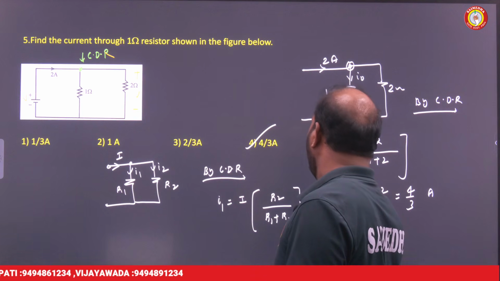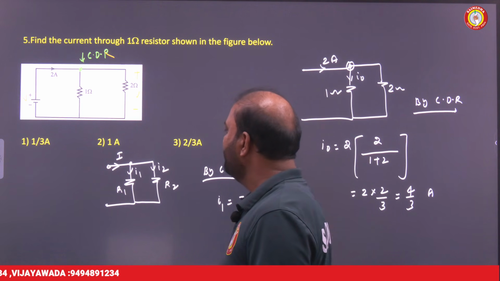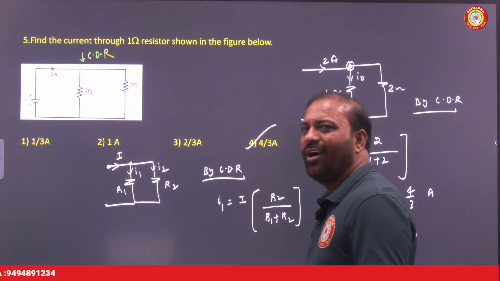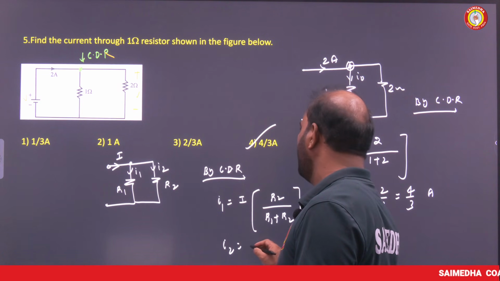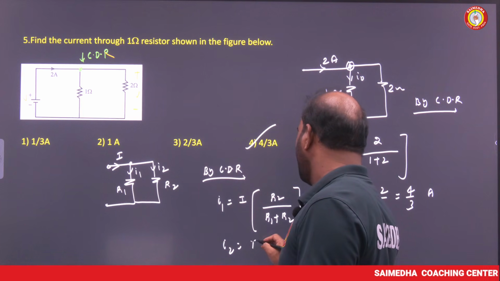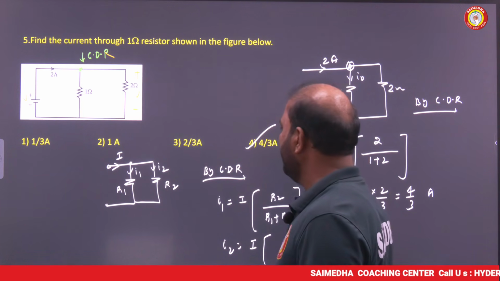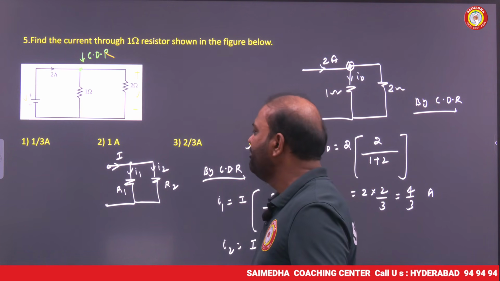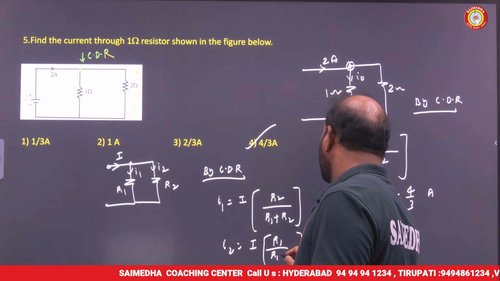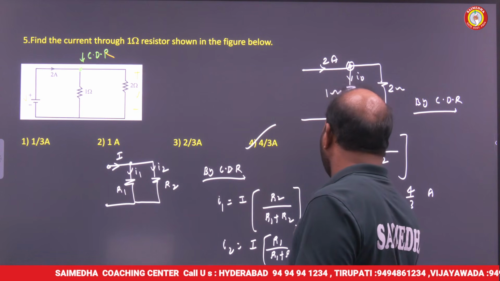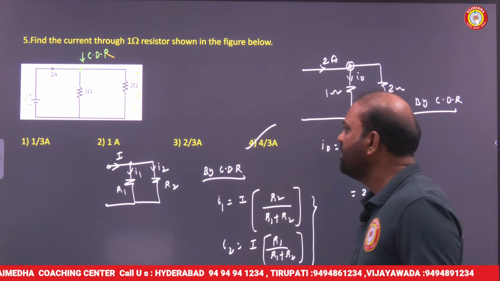As I told you, when finding the current through R1, you put R2 in the numerator. Similarly, I2 is equal to I into R1 by R1 plus R2. So these are the expressions using the current division rule.